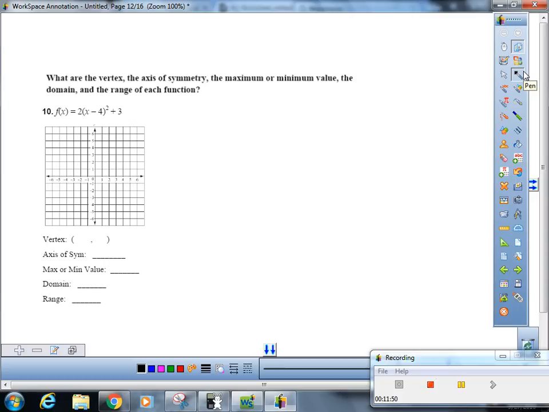However, remember that h, k is the vertex. So in this case, this is h and that's k, because it's giving it to us in vertex form, which is nice. So the vertex is positive 4, positive 3. Just think, this went right 4, and this went up 3.